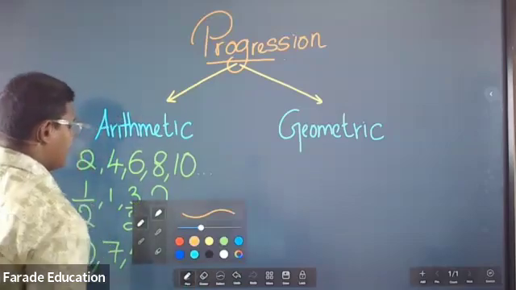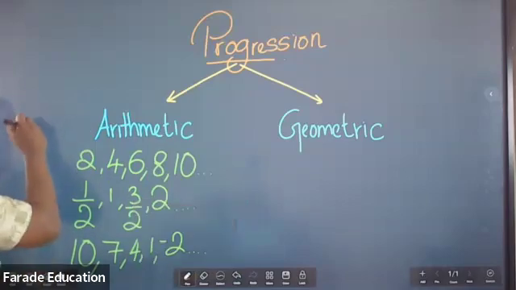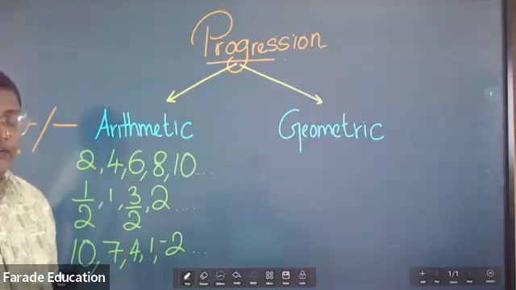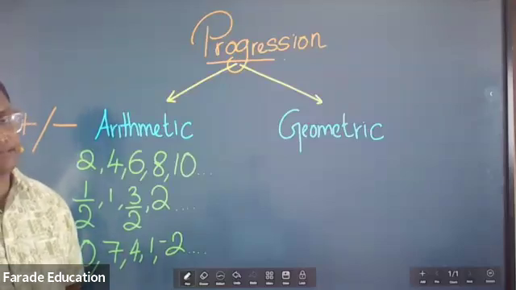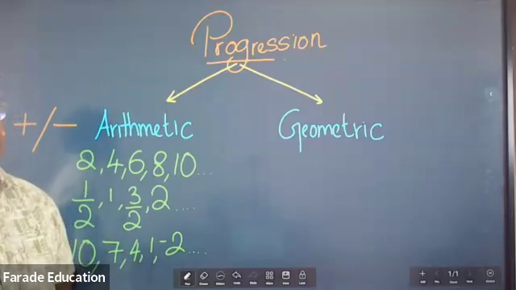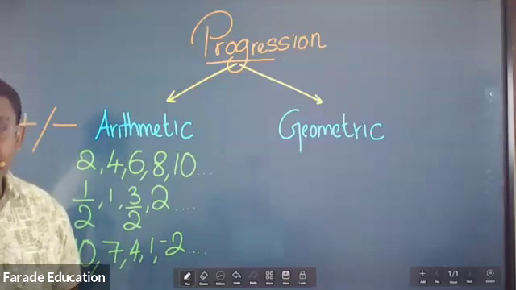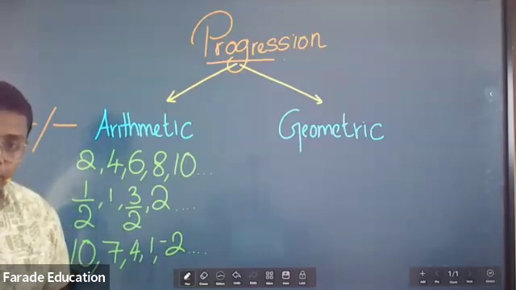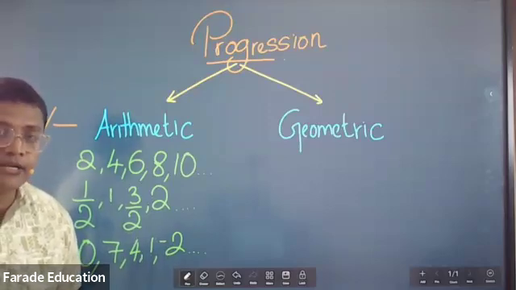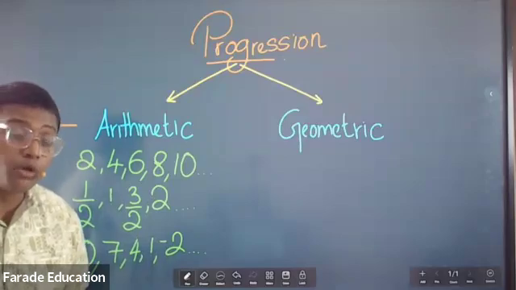In all these cases, we had an addition or a subtraction. Whenever we have a number pattern where the consecutive terms are being added or subtracted, it comes under arithmetic progression.